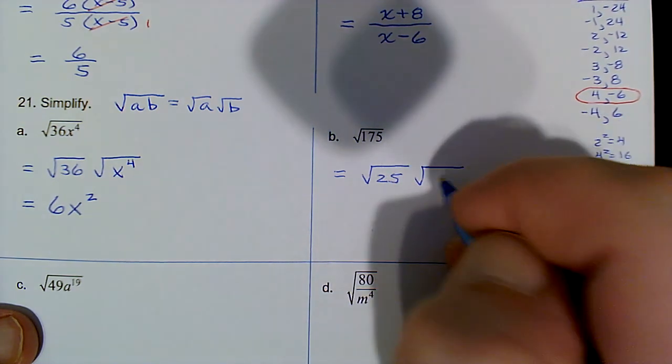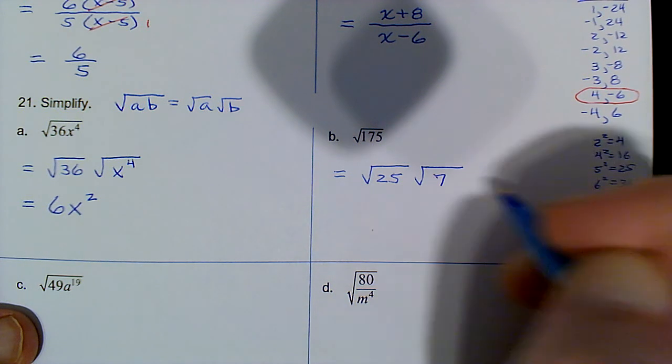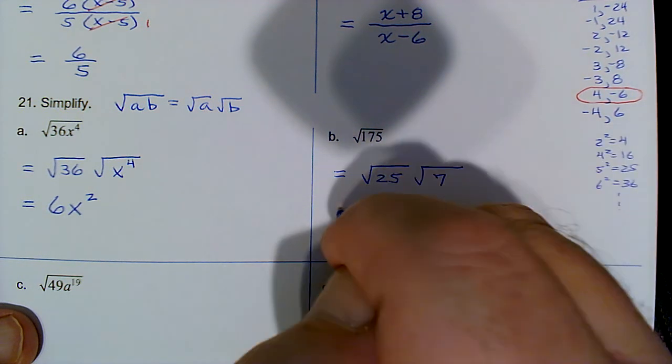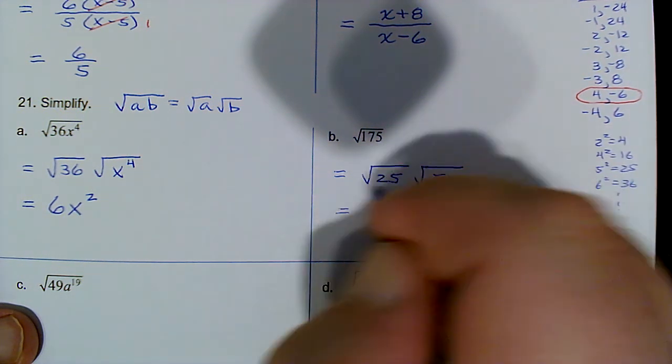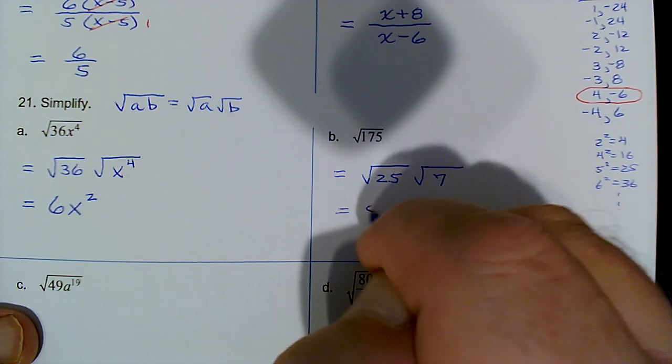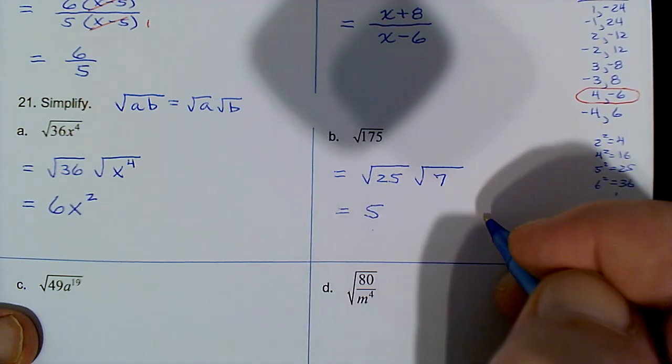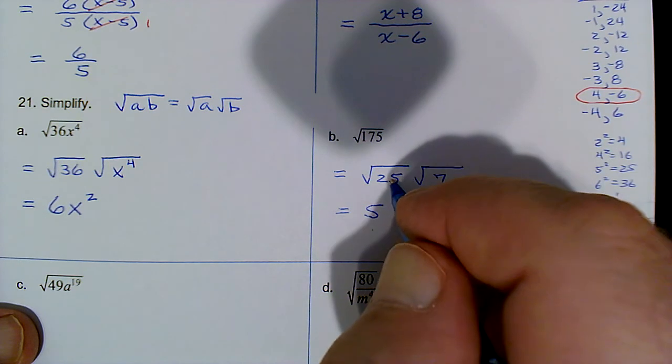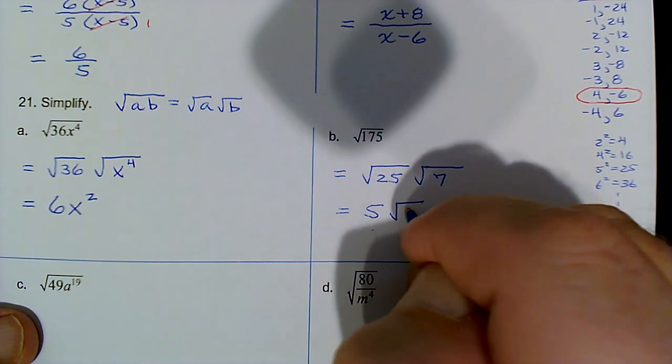And 25 times 7 is 175. Then you could take the square root of 25, and that will come out of the radical, because the square root of 25 is just the number 5. So 5 comes out of the radical, and you have to carry along the square root of 7.